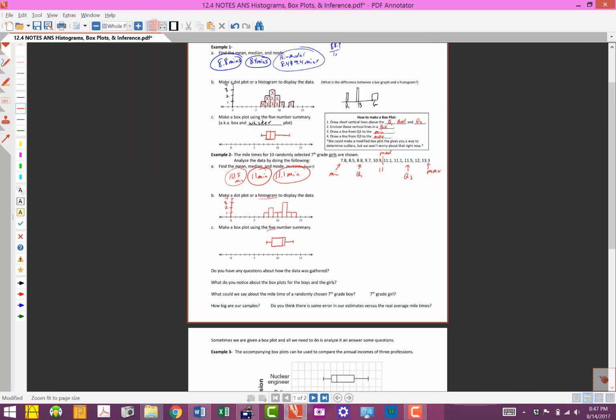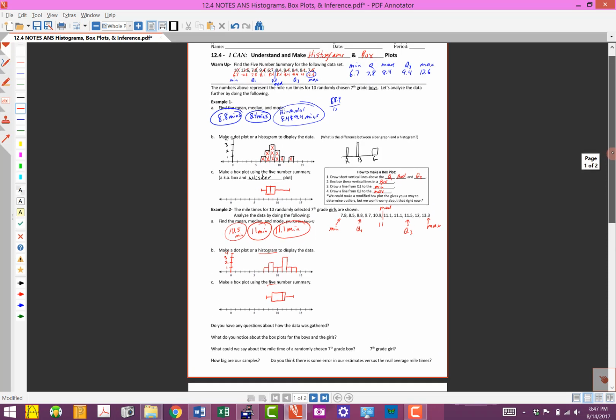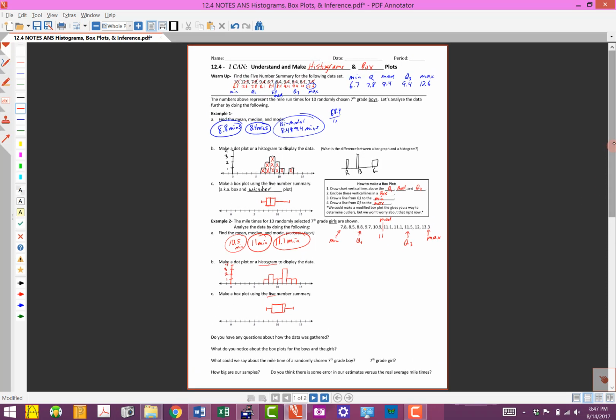Now I'm going to make this a little bit smaller and we're going to take a look at this and ask some questions. So first one is, do you have any questions about how the data was gathered? Now this says randomly selected 7th grade girls, and this says run times for randomly chosen 7th grade boys. The fact that it says random, that's a good thing.